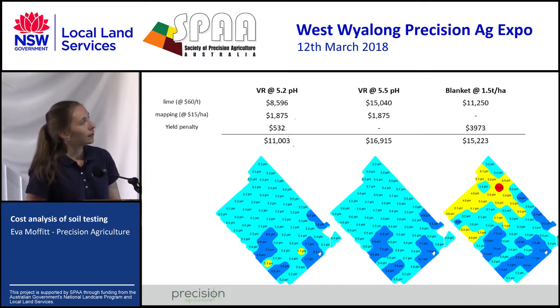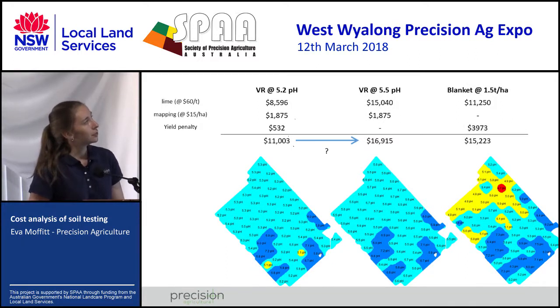Our blanket over here at 1.5 tonne, despite it costing almost as much as the 5.5, this is what we're ending up with. So this one here is in a better state when we come back to relime it.